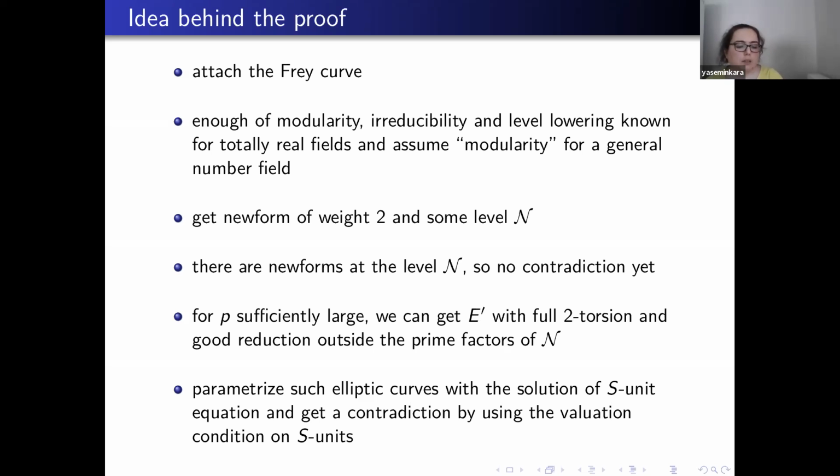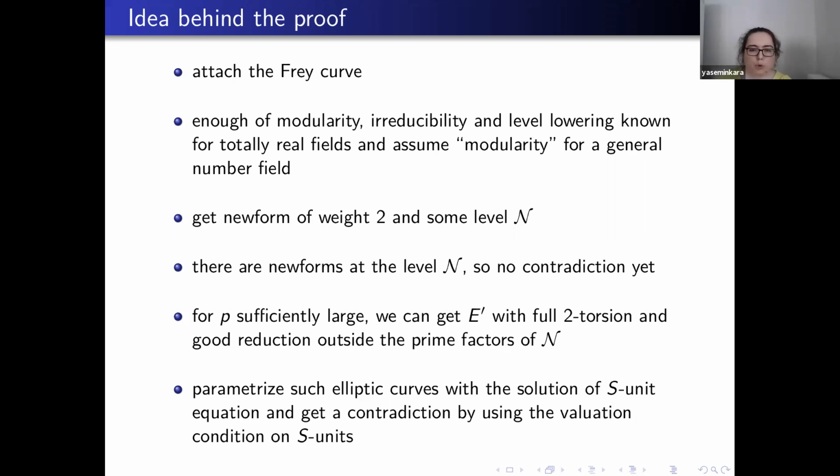Then the steps are very similar to the steps of Fermat's last theorem over Q. After you apply these big theorems, you get a newform of weight 2 and some level n. But here, as in the example of Serre and Mazur, unfortunately there are newforms at the level n. So you cannot get the contradiction immediately.